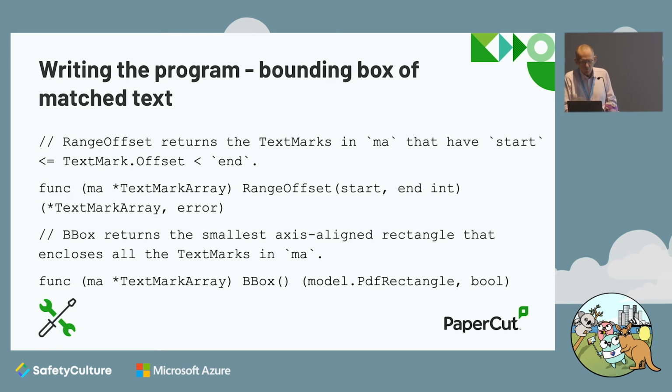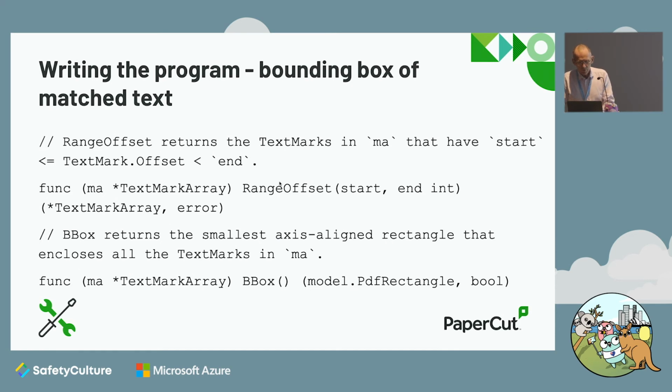the program works. In order to find the text marks within a range of offsets in the extracted text, we take the extracted text, say a big long text, and we search for some search term, which is a substring in the big text that has a start offset and an end offset.